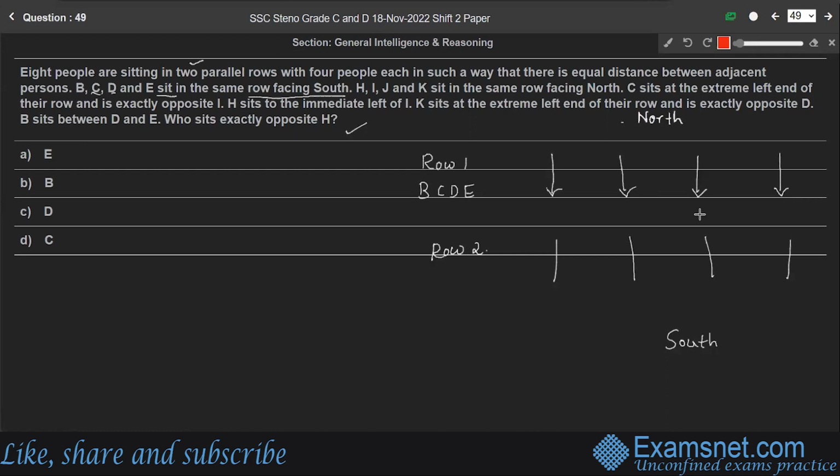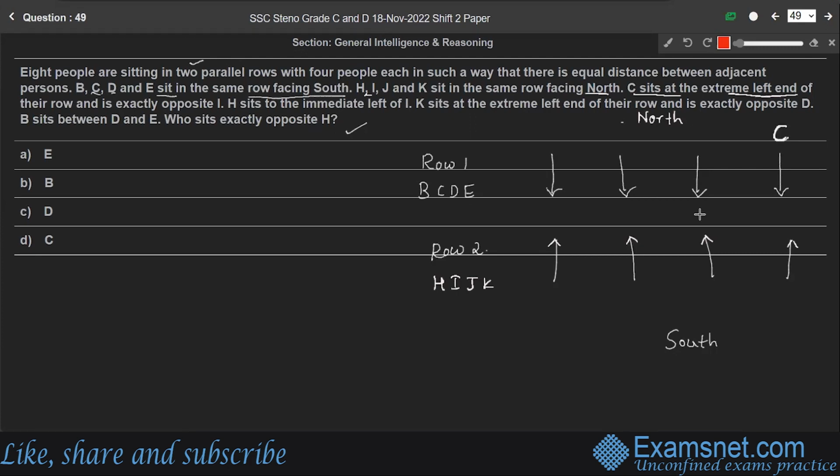Now, H, I, J and K sit in the same row facing north, right? So in row 2, H, I, J and K are sitting. So all are facing north, right? So now come to the first point. C sits at the extreme left end of their row. Since C is sitting in row 1, so row 1's extreme left end is this position where C is sitting.